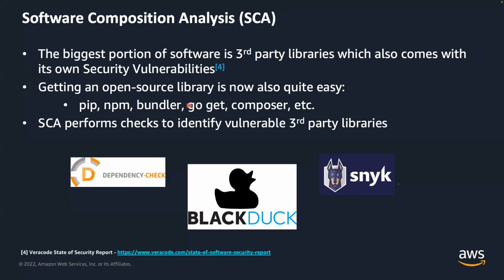Okay, so now how can you protect yourself against this potential security vulnerabilities, no, from using open source libraries? So you can actually implement software composition analysis. So there's multiple tools for that. We have OWASP dependency check, BlockDoc, and Snyk. Okay, so some other programming languages like Python, they have multiple tools for that, like Safety or Bandit.